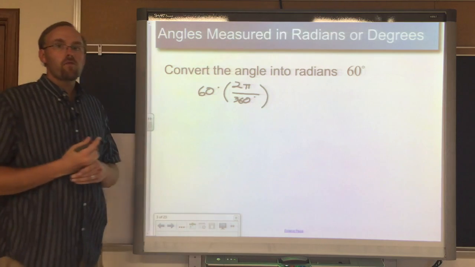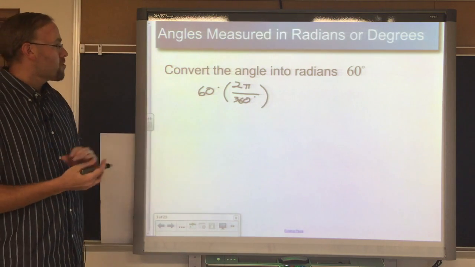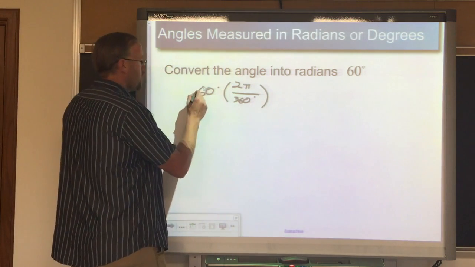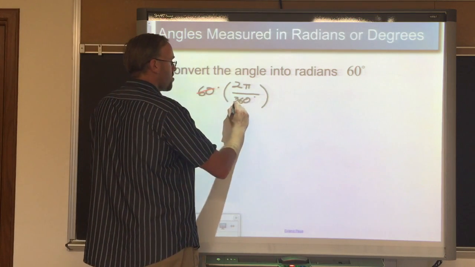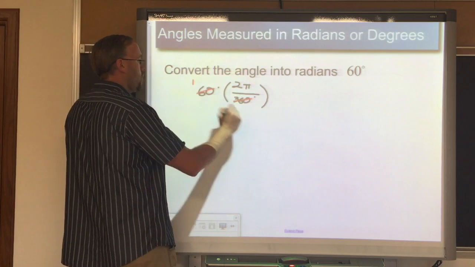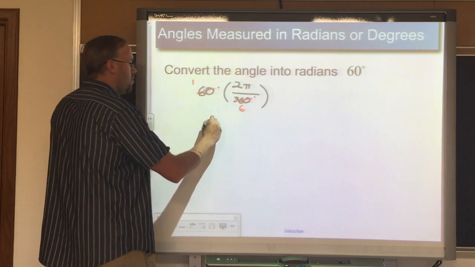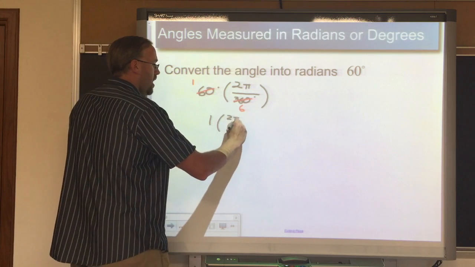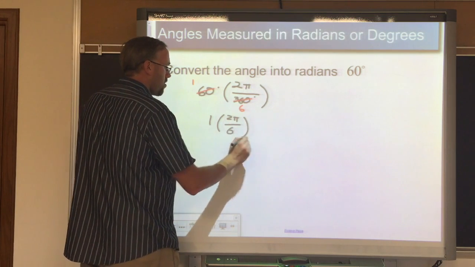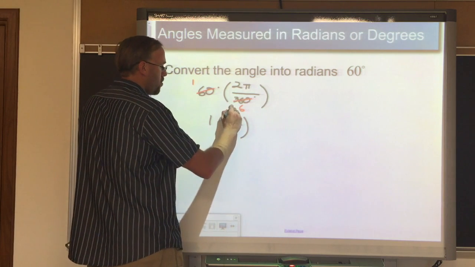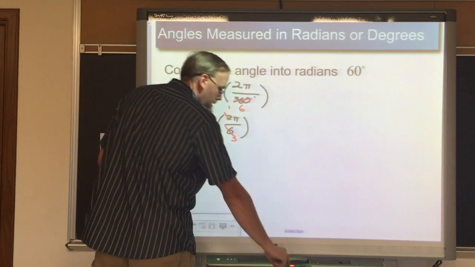Now, since I'm doing this without a calculator, I need to do as much simplification as I can. I can cancel 60 out of this and 360, leaving 1 and 6. So if I rewrite this, I have 1 times 2 pi over 6. And I can cancel a 2 out of both of those, leaving a 1 and a 3.